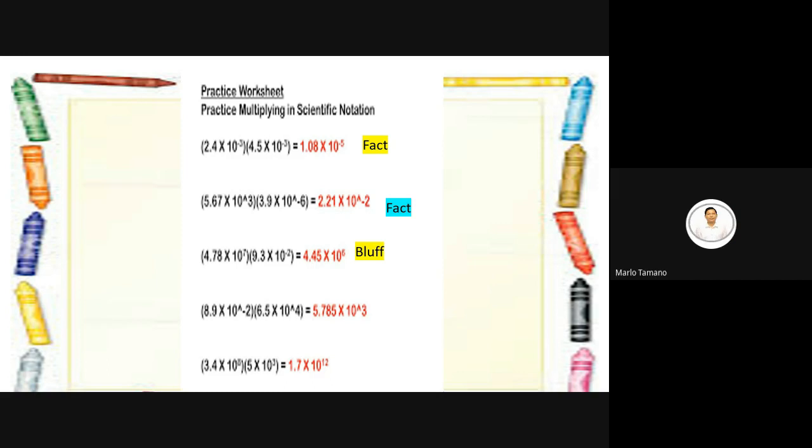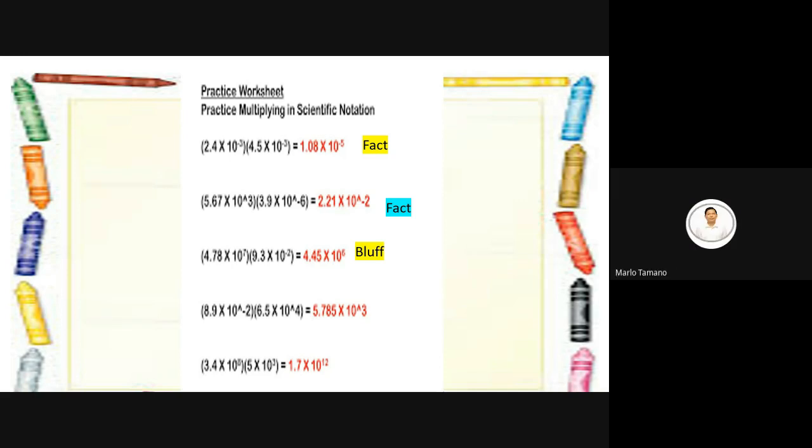So sabi ko nga sa inyo, kapag nag-add tayo ng unlike signs, proceed to subtraction. So what is your exponent? 5.2. 2 plus 1.